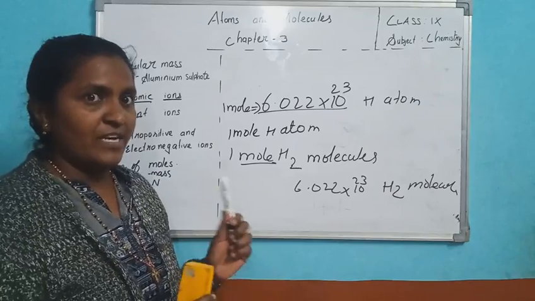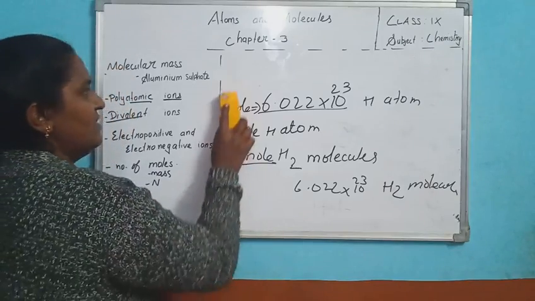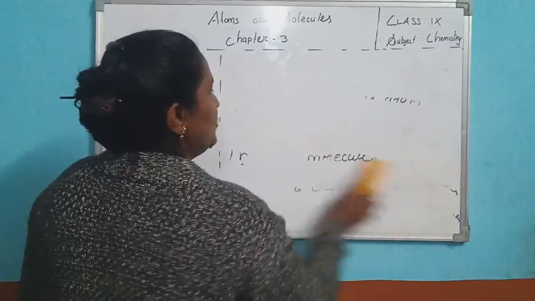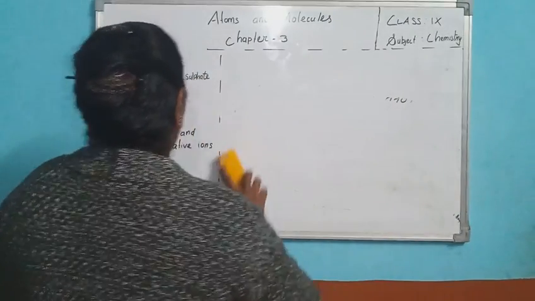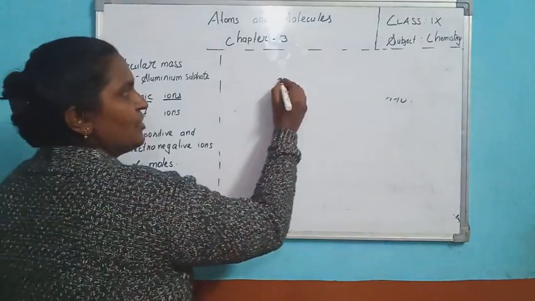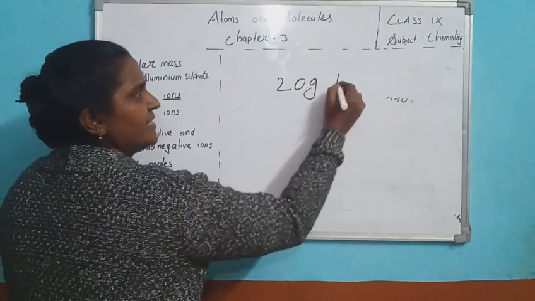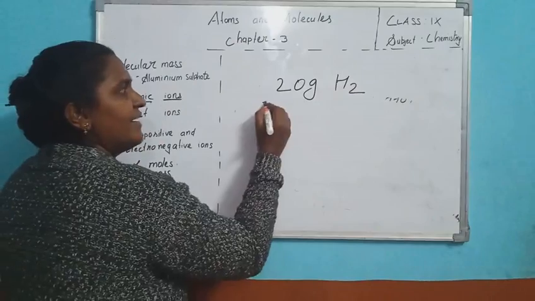Okay, now we will see how to find the number of moles. You are given, see here, the question: you are given 20 gram of hydrogen gas. Find the number of moles.